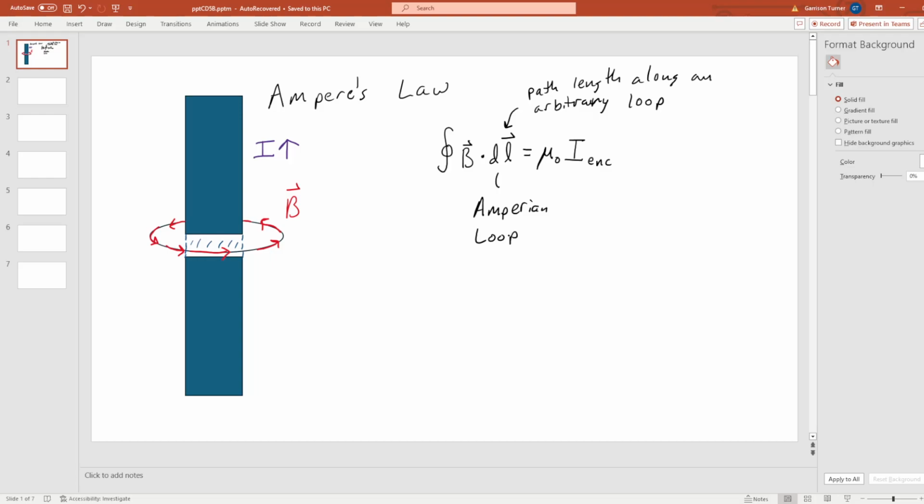This is similar to Gauss's law, where your dA was an area element over a surface that we called the Gaussian surface.